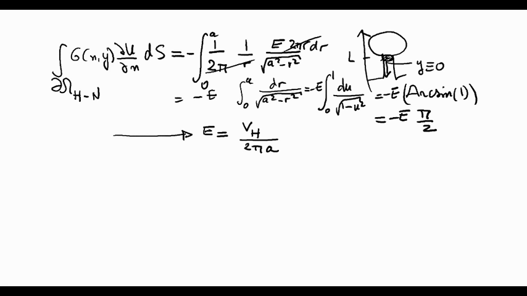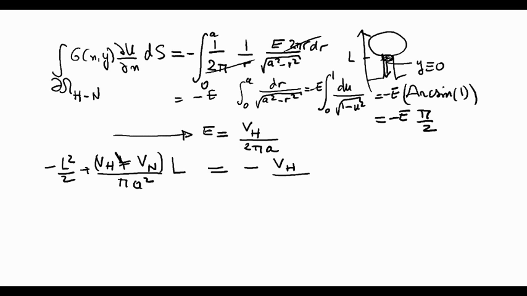So on the one hand we had minus L squared divided by 2 plus the volume of the head plus the volume of the neck divided by pi a squared L equals minus the volume of the head divided by 2 pi a, and there was the other term that I said was of order 1, plus the c term that we didn't know, that we were looking exactly for its value, right?